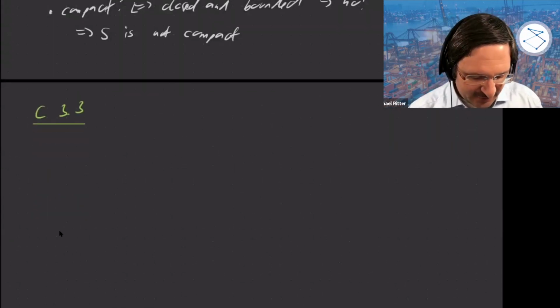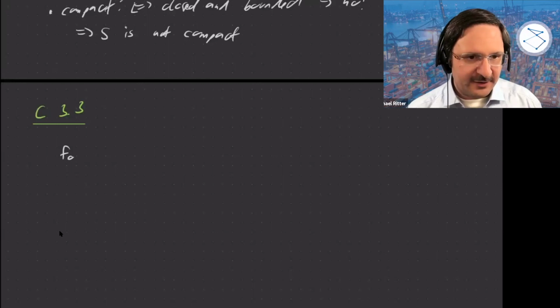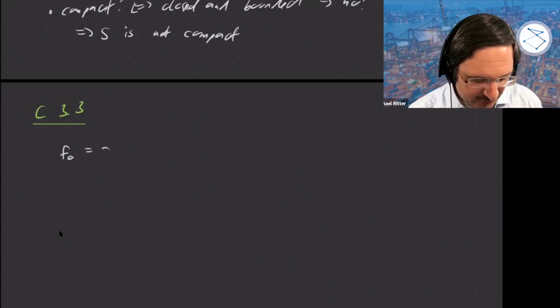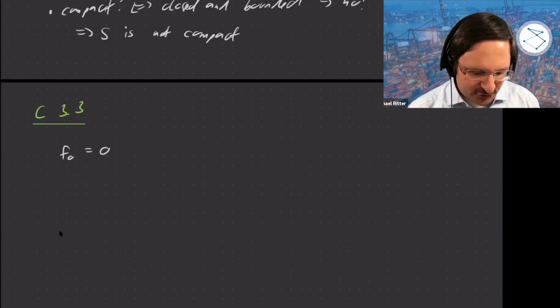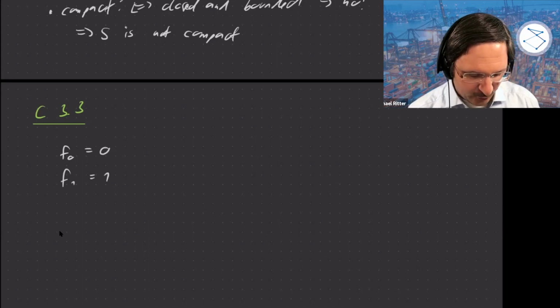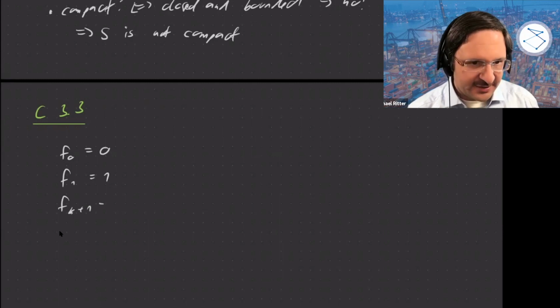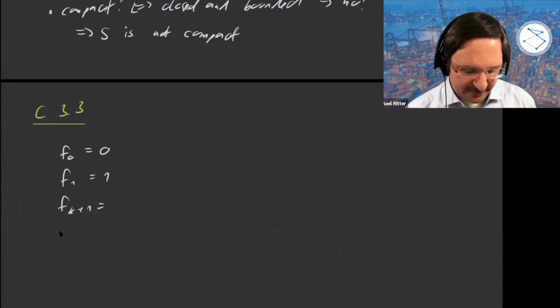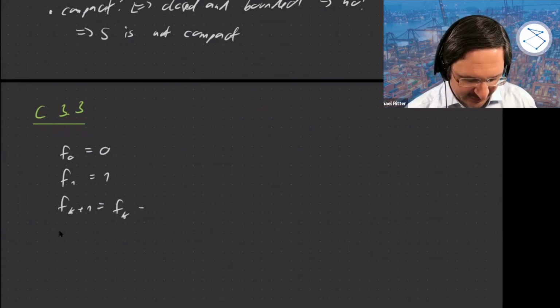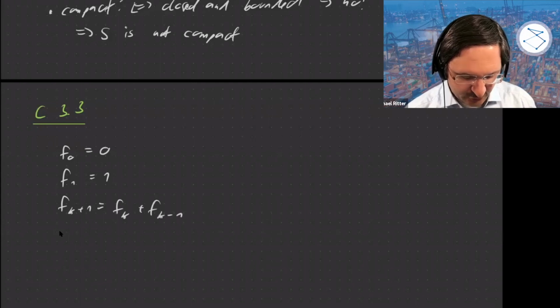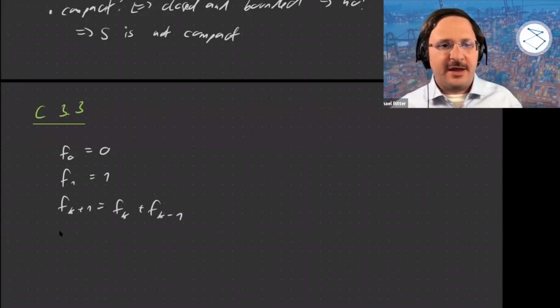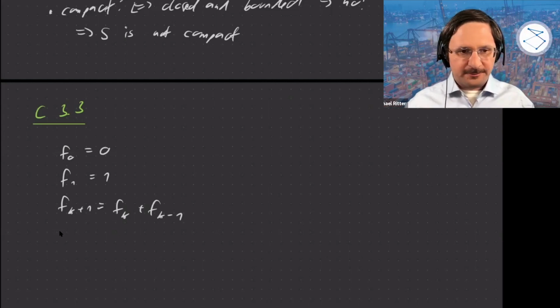The Fibonacci sequence is defined recursively. The first two elements are given as 0 and 1. And then the definition just extends that by saying the k plus first element is simply the sum of the two preceding elements, so f_k plus f_{k-1}.